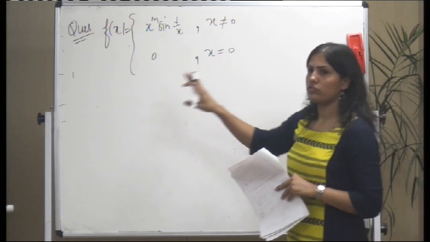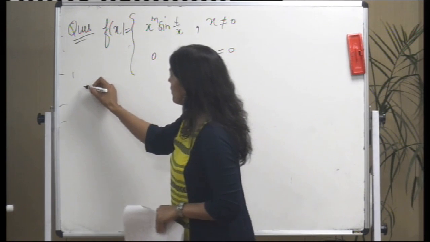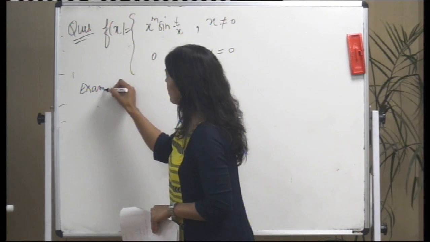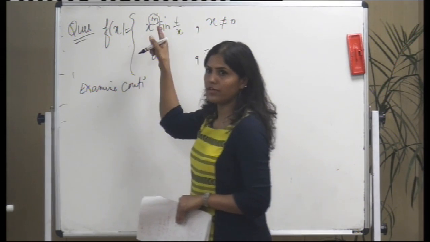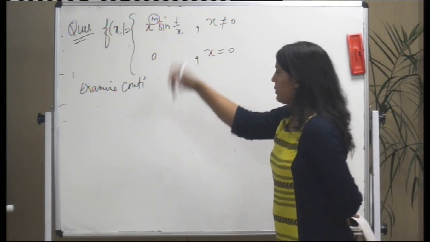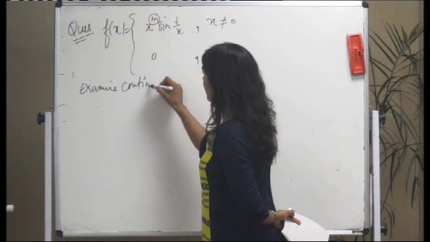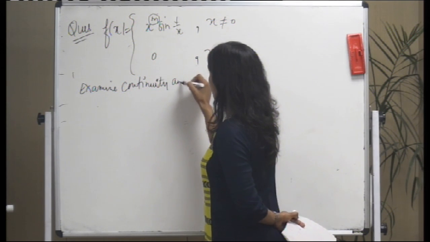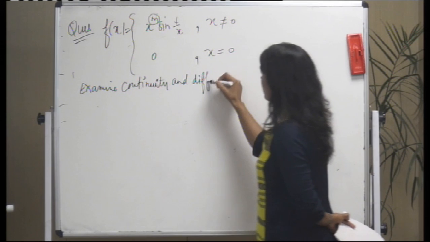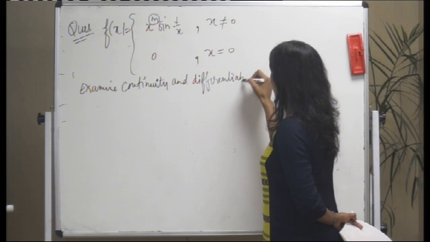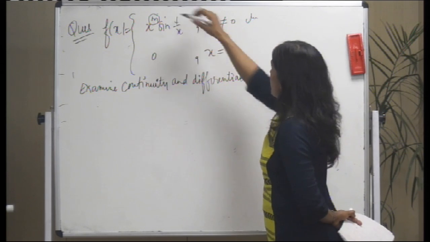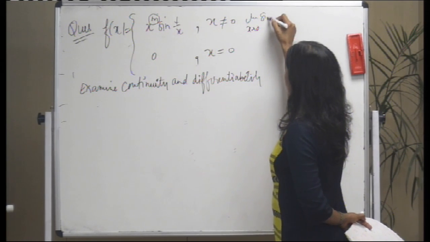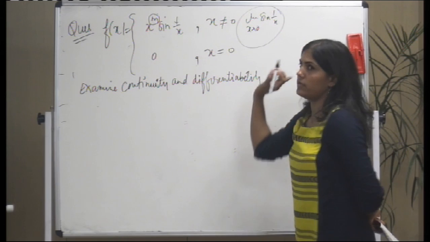Now for this question, this is also an important one. I will examine continuity in general, and differentiability. This is clear now that this limit, because sin(1/x) has come, does not exist.